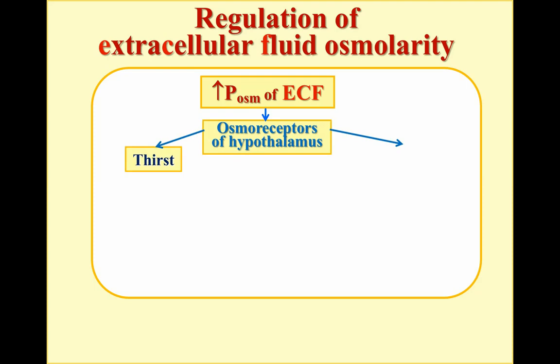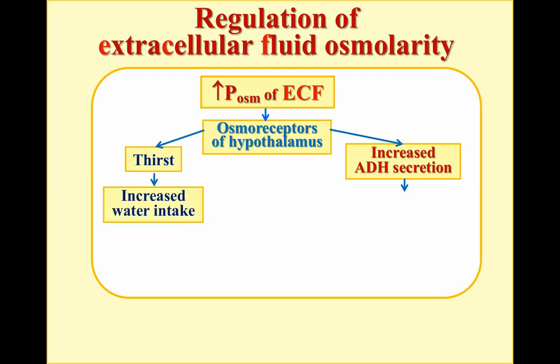And these osmoreceptors activate the thirst center, also in the hypothalamus, and stimulate the supraoptic nuclei as well as paraventricular nuclei to increase ADH secretion. Thirst stimulates water intake, which contributes to faster restoration of osmotic pressure. Water starts to be absorbed from the digestive tract, while ADH tries to conserve water that is already present in the body, to limit its loss by increased water reabsorption in the distal parts of the nephron.